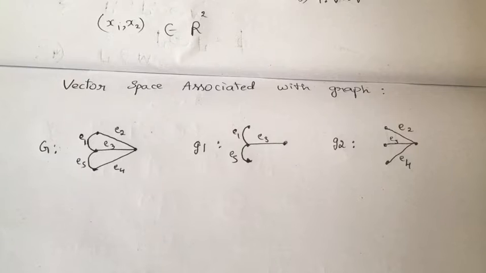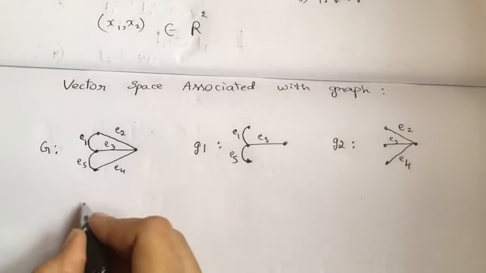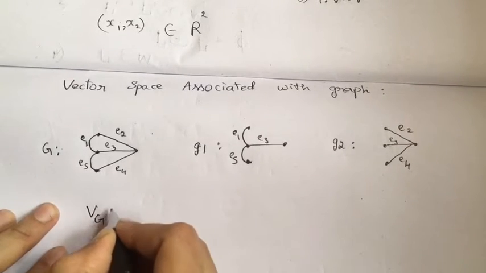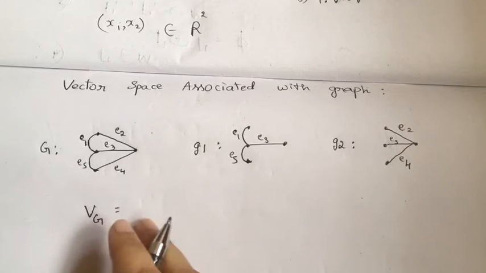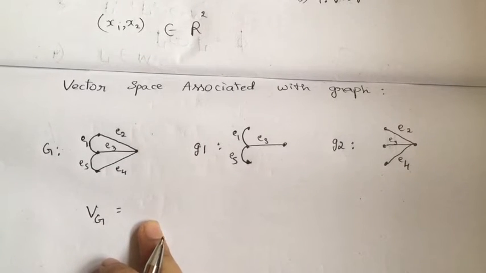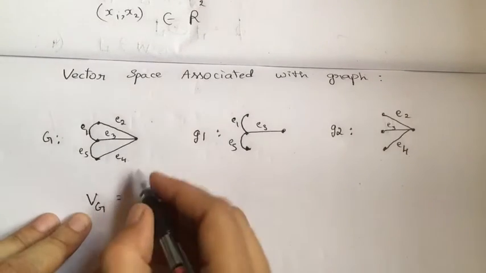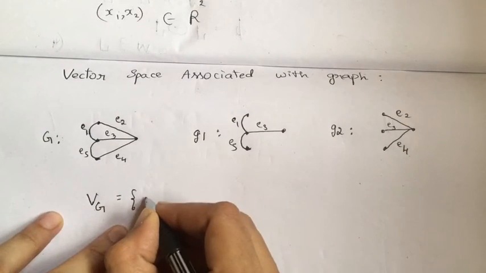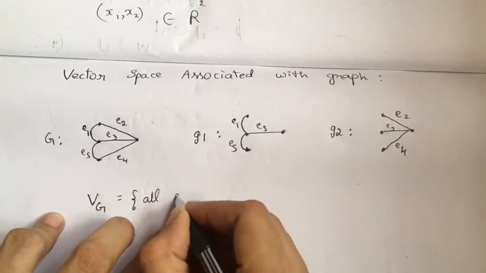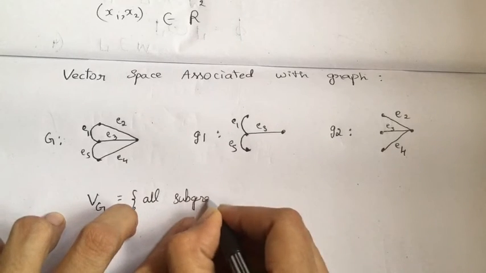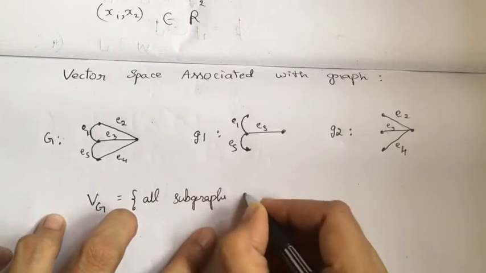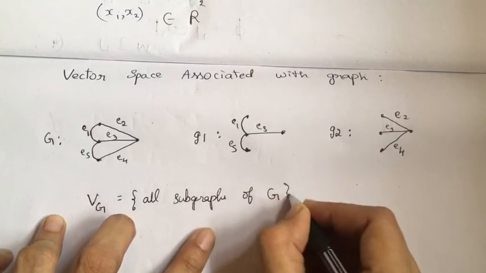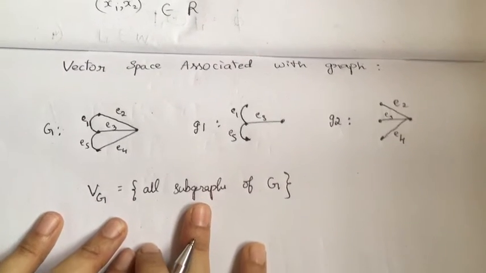Now, I am taking the set VG, which is the set of all subgraphs of G, including the null graph and the graph itself.